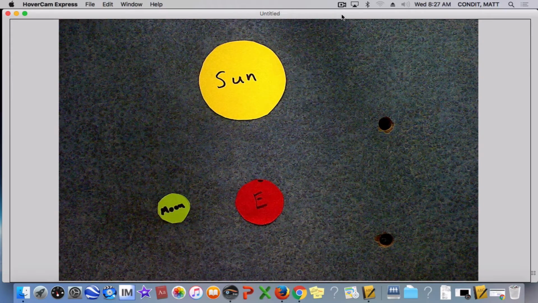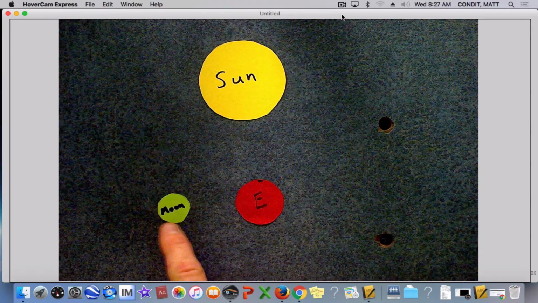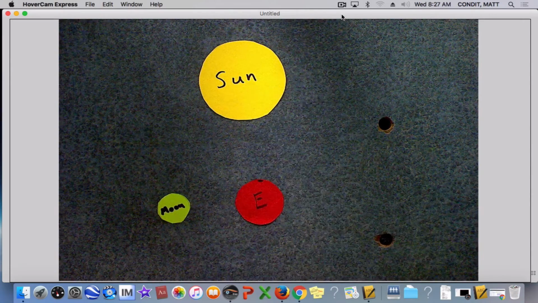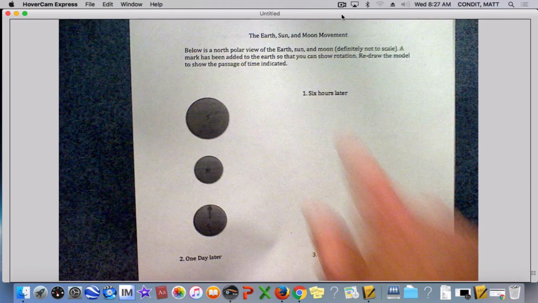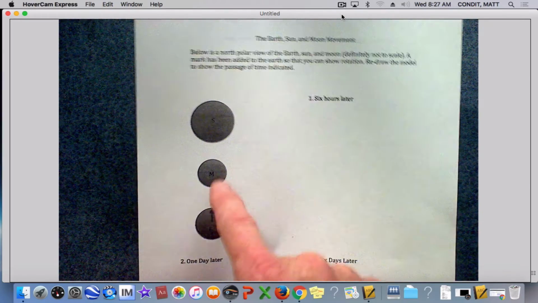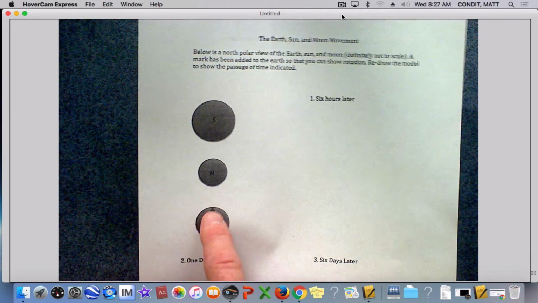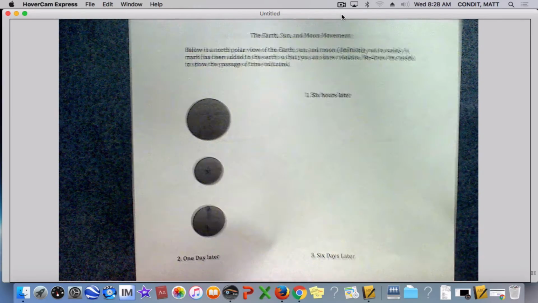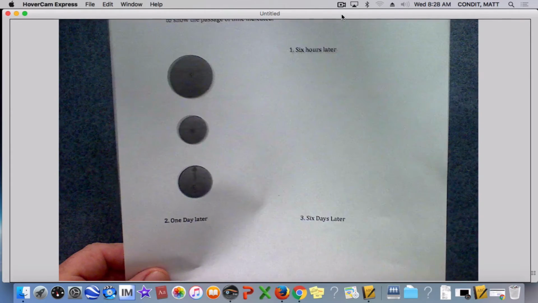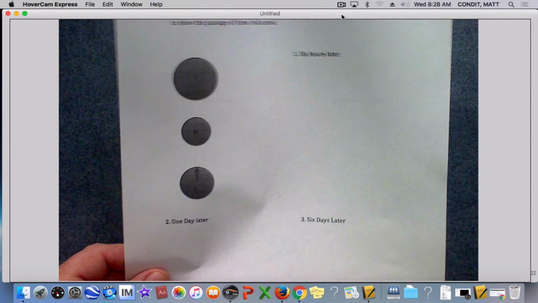Now we have a pretty substantial movement in terms of the Moon to the Earth, not a whole lot of movement in terms of the Earth to the Sun. So that's what these are all getting at, is making a new drawing with circles that have S for the Sun, M for the Moon, and E for Earth, along with that little pointer on it that shows how these would be arranged during these different amounts of time passages.